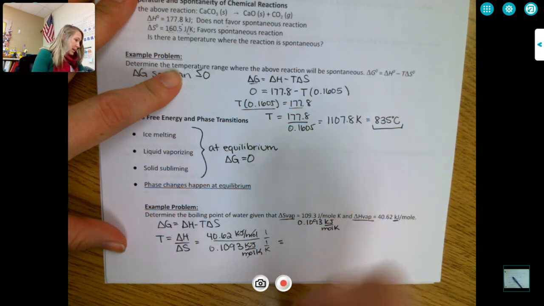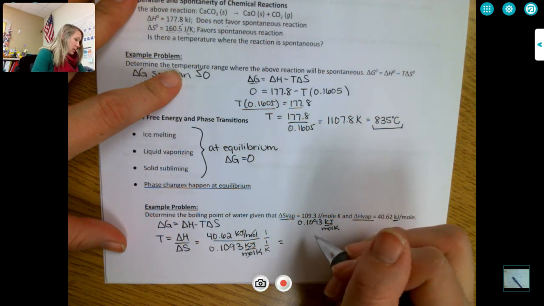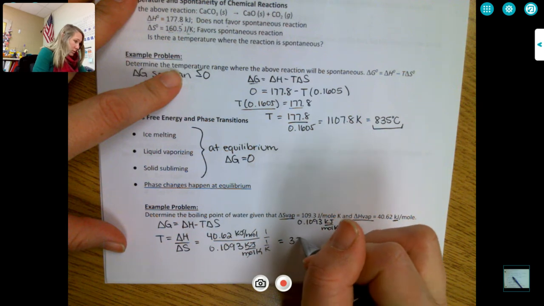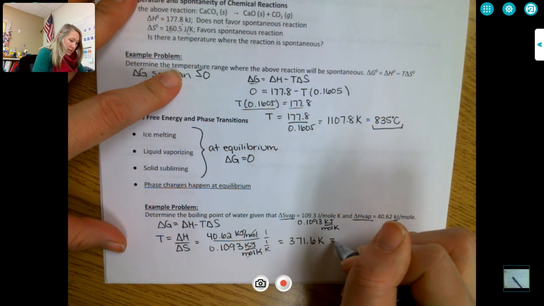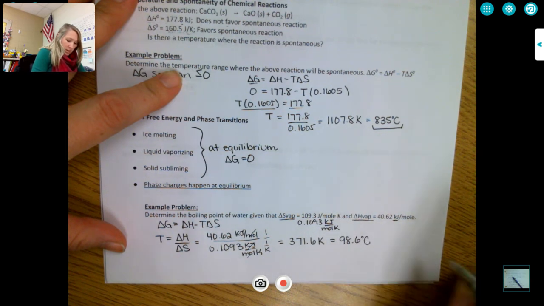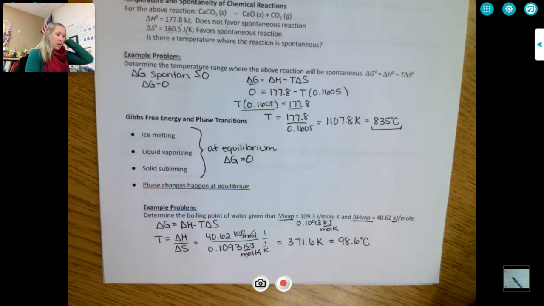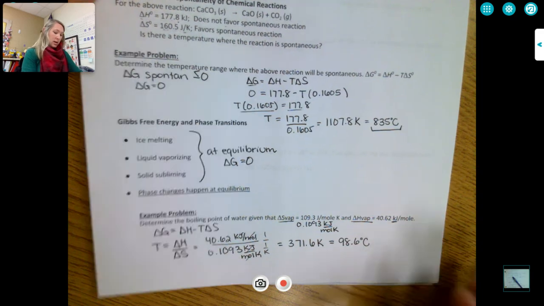The number I get is 371.6 Kelvin, which in Celsius, subtracting 273, is 98.6 degrees Celsius, which is pretty close given what we know about water. So we can get that kind of information from our thermodynamic data.